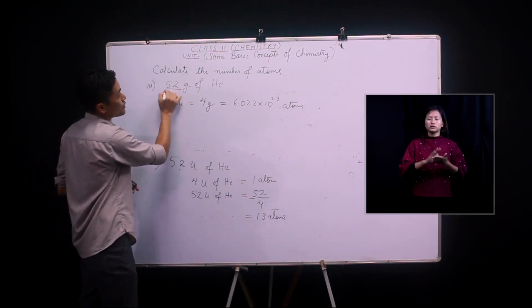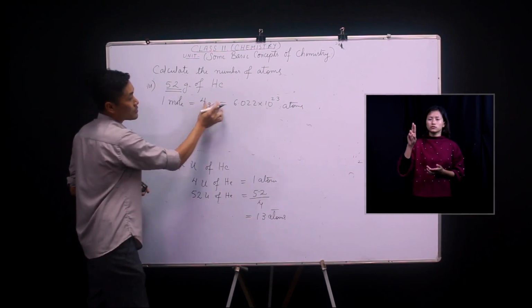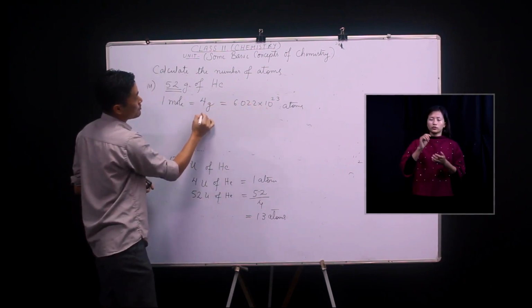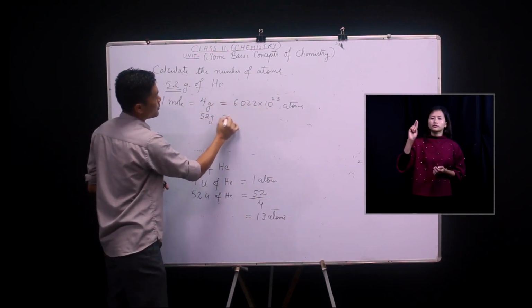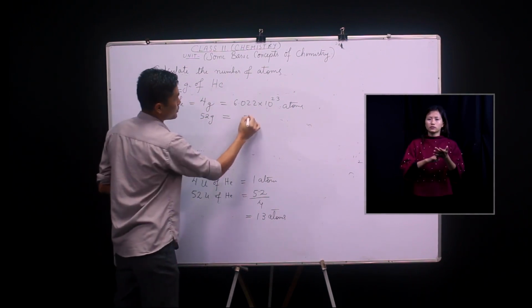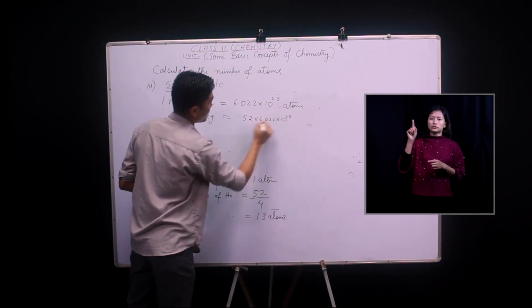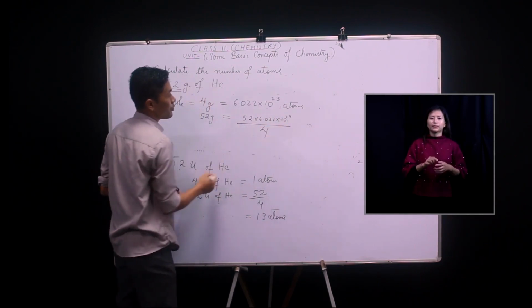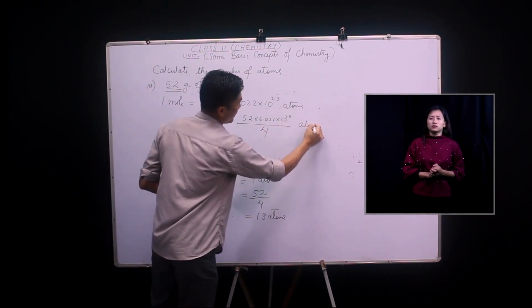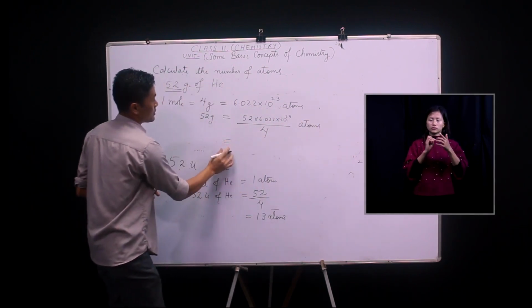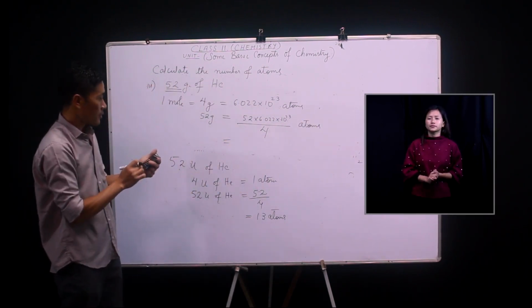Therefore, if we have 52 grams, 4 grams contains this much. Therefore, 52 grams will contain 52 into 6.022 into 10 to the power 23 divided by 4 atoms of helium.